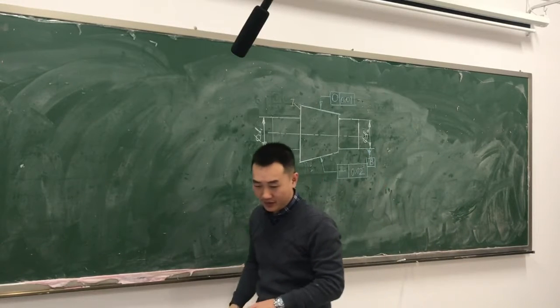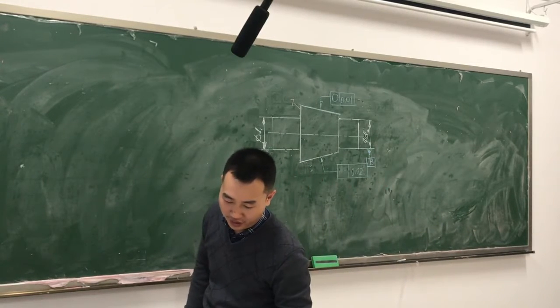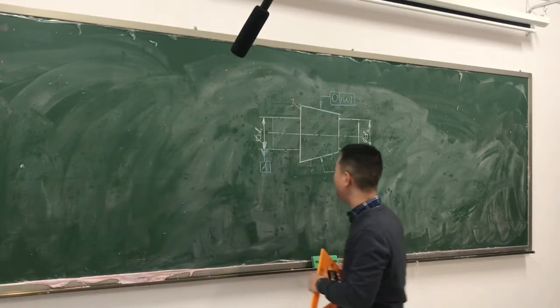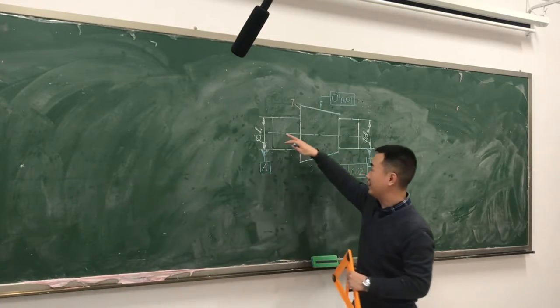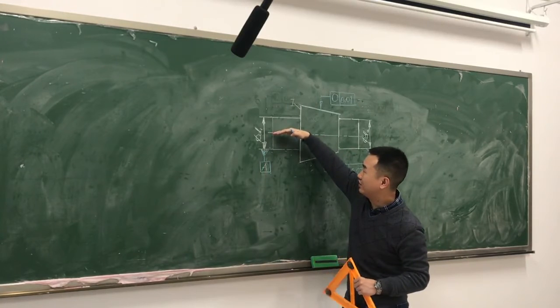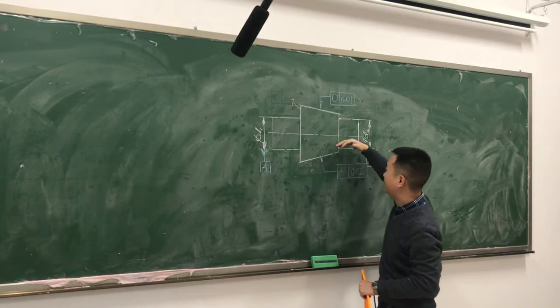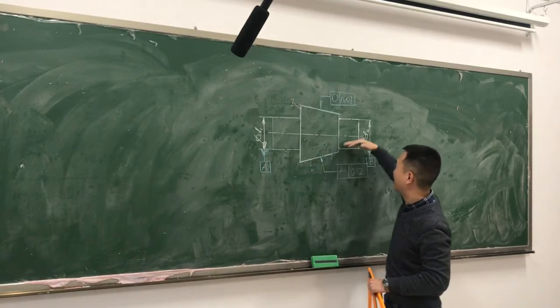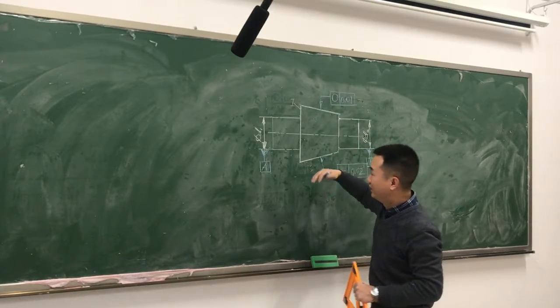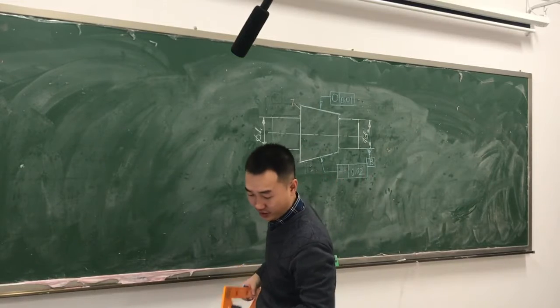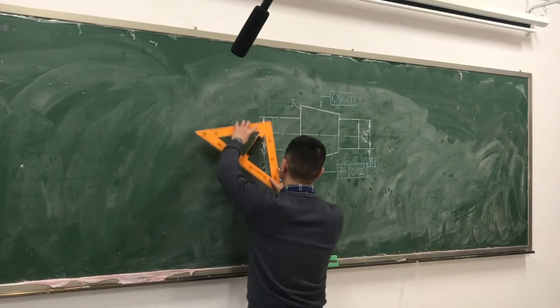And next, let's see the tolerance feature. The tolerance feature is what? It is the axis of this cylinder and the axis of this cylinder, right? So the tolerance feature is also a center feature.